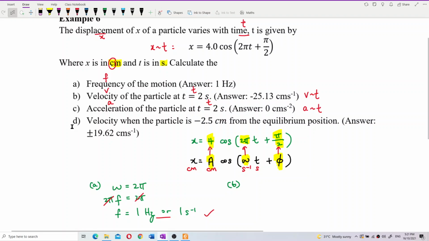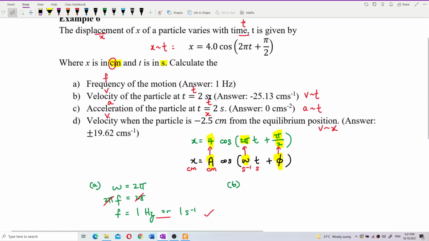And then question D asks for the velocity at this displacement from the equilibrium position, so for this one we need the velocity displacement equation. So we need these three equations to solve. If they give you time, you use the time equation. If they give you displacement, use the displacement equation. So for B, I need the velocity time equation.